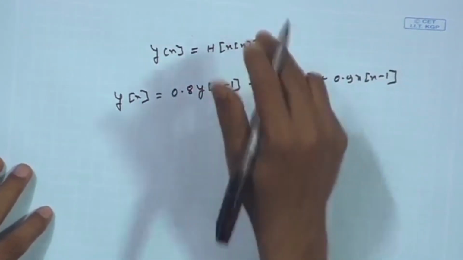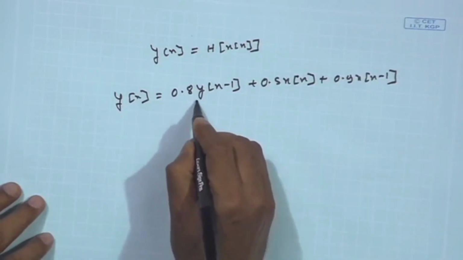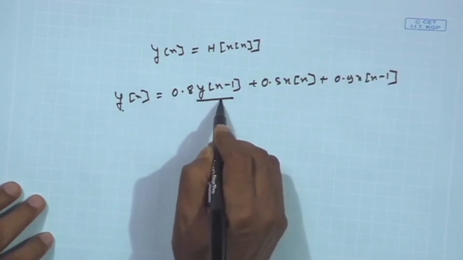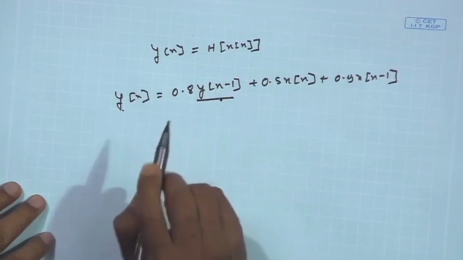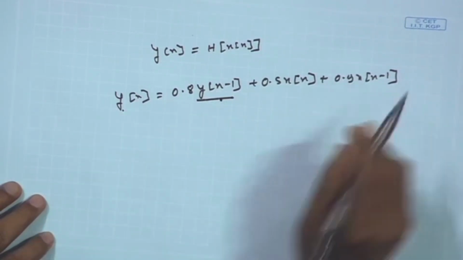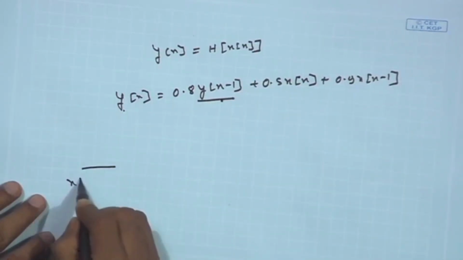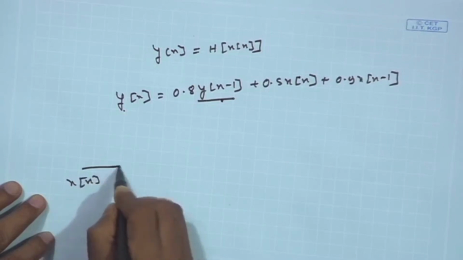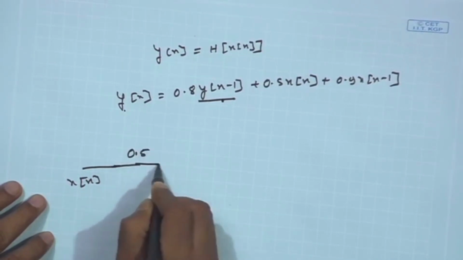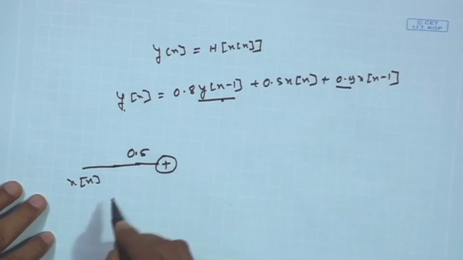So, if I told you to draw the system diagram, the digital system diagram, I can say y n minus 1 means y n is delayed by 1 sample, n minus 1 means 1 sample delay, x n minus 1 means input is 1 sample delay. So, if this is my x n, x n has to be multiplied with amplitude 0.5 and added with 0.9 multiplied by x n minus 1.